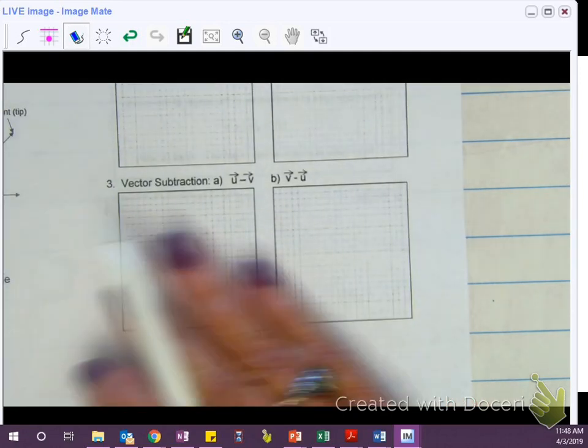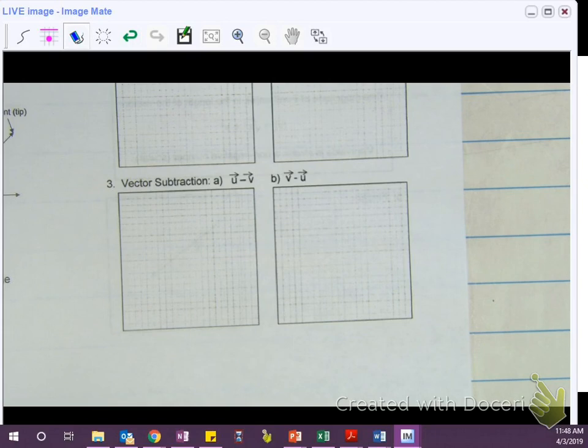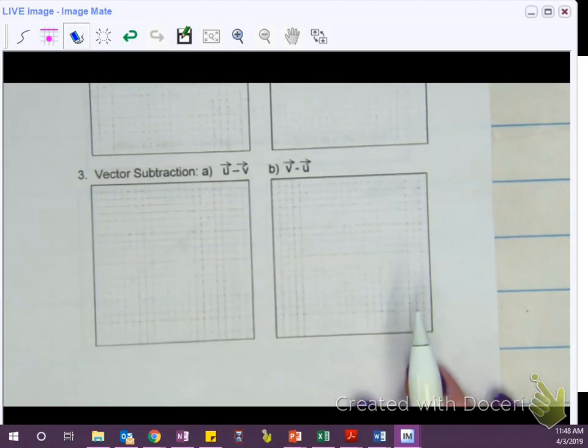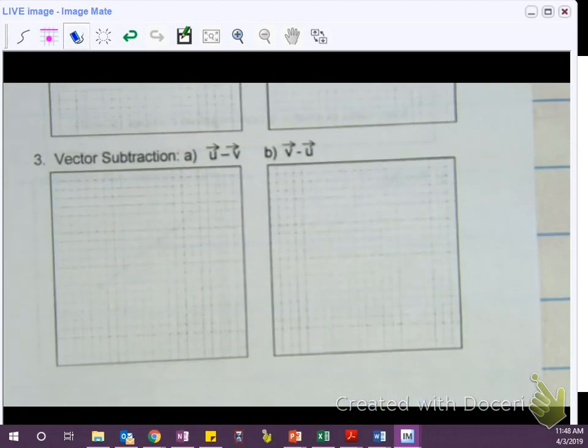Okay, for subtraction, you draw in the opposite direction. So I'm going to draw U. 1, 2, 3, down 4 and over 2.